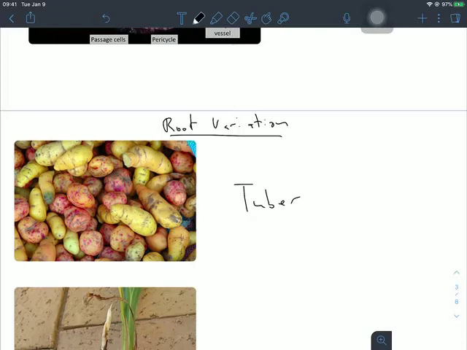A tuber is just a growth, a swelling of the stem. You can have stem tubers as well as root tubers. They are just there to store things. In particular, sugar.